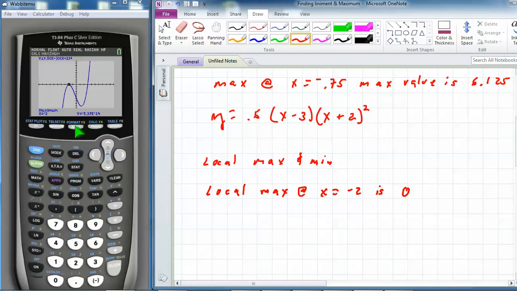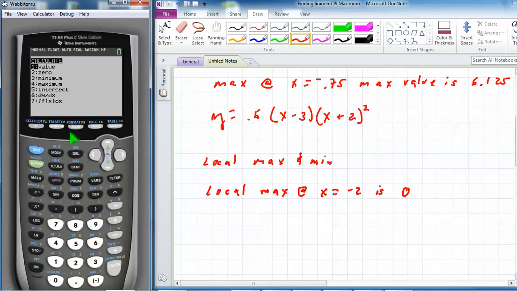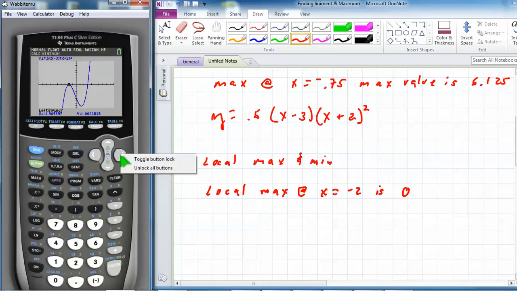All right, now we're going to do the same process. Second calc. Now we want the local min, 3, and for the left bound, we want to be to the left of this point right here, enter.